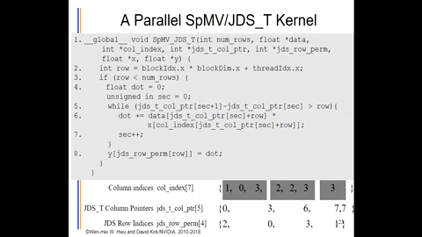Yes? Do you need a synchronization at the beginning of the row to make sure the access to the data is fine? Okay. So the question is, do we need synchronization to make sure they're all accessing the row together?